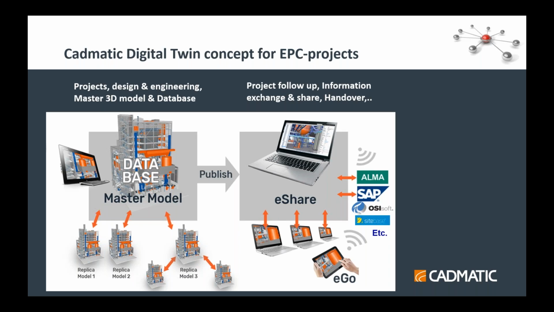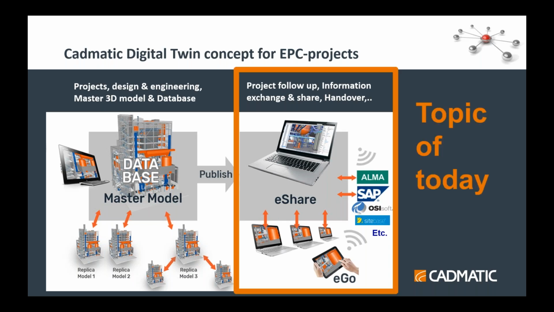That is where the work is done, the information is created, and where the 3D model is built. Then this information together with the 3D model will be published in our concept to eShare. And that is the topic of today: how to use, how to share, how to view and visualize, and take benefits of integrations by using eShare in the project. We don't go too much into the details of how to create the information. This is more about how to use and view the information.